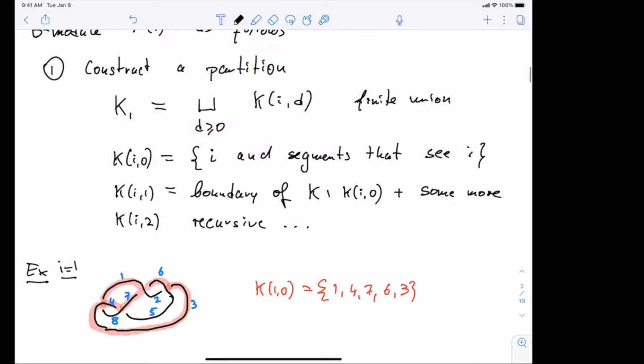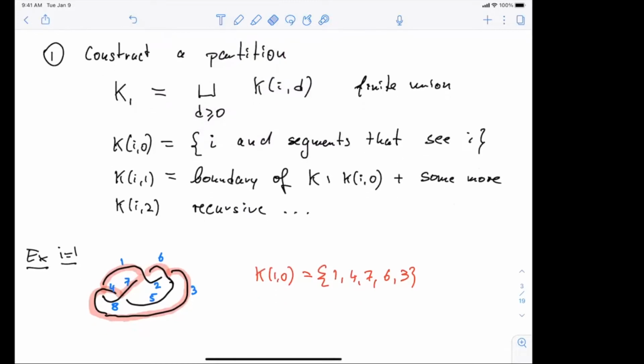In our example, this is a small example, so the only other set here would be K_I^1. If you take away all the red segments and then take the boundary of that, you get all the edges that are left over, 2, 5, and 8.